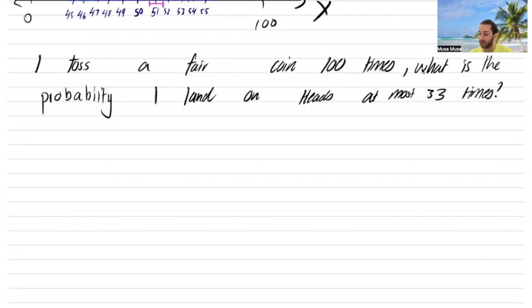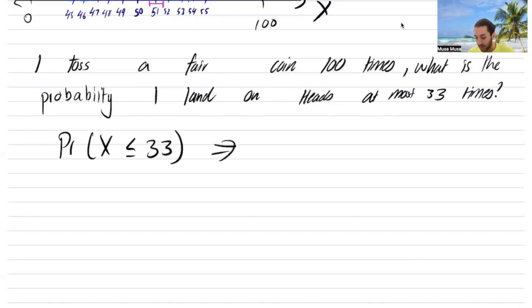What is the probability I land on heads at most 33 times? So here I want the probability that x is less than or equal to 33. Well, I have to change this and make it the probability that x is less than or equal to 33.5. That way I'm including the full 33 bar from the histogram.